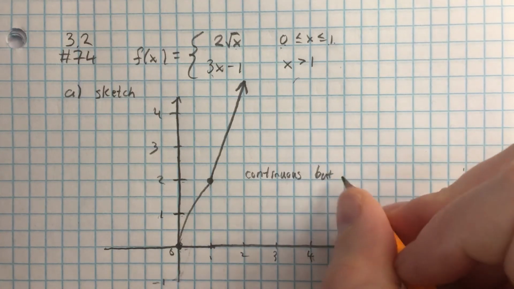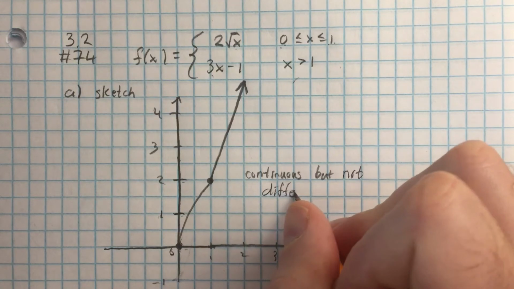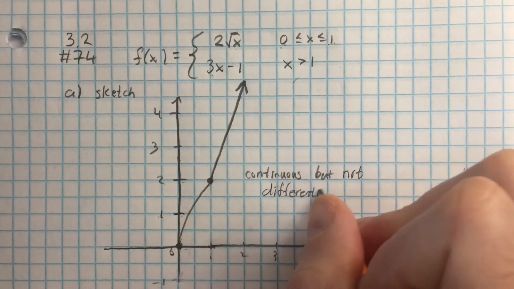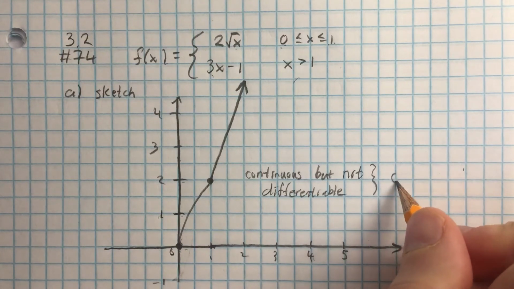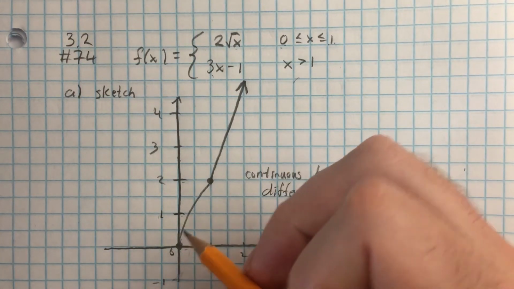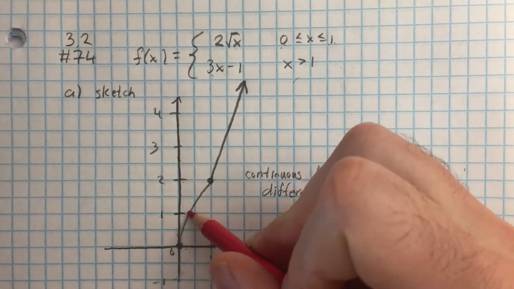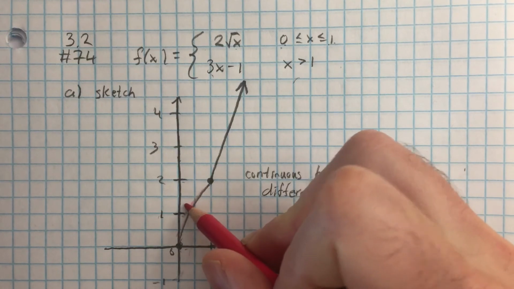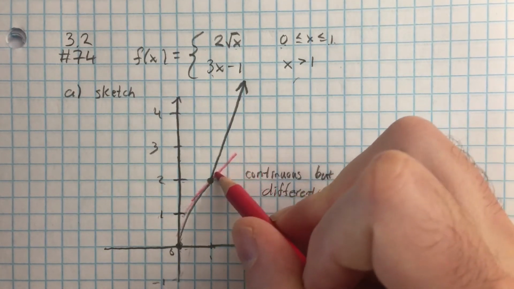That's the essence of a cusp. Okay, you can kind of see it here, right? The tangent lines would look something like this. There's one, there's another.